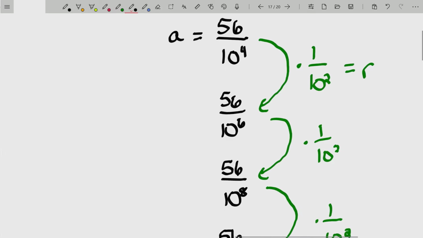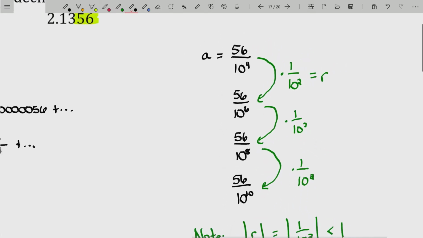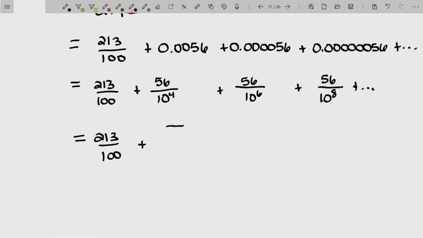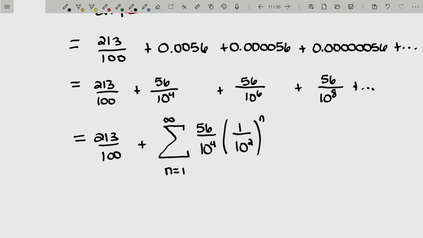That's the sequence I've written down right here. So that's what I'm going to plug in as a series here. It's a summation from n equals 1 to infinity of the initial value, 56 over 10 to the 4th, times the common ratio, 1 over 10 squared, raised to the n minus first power.